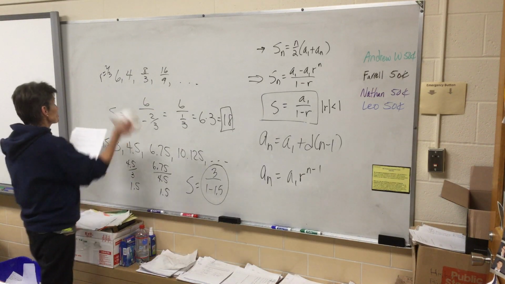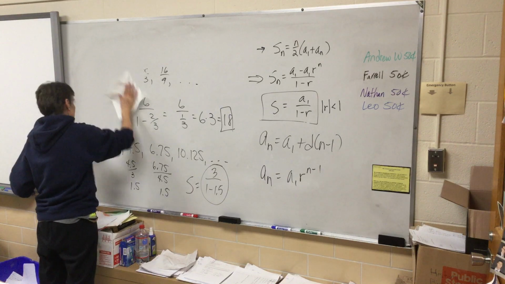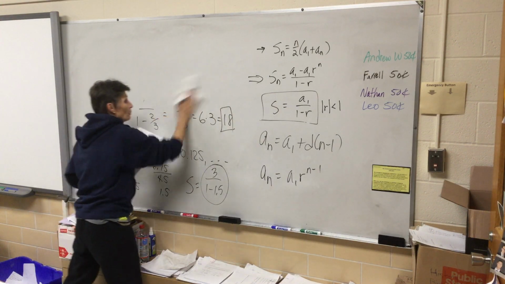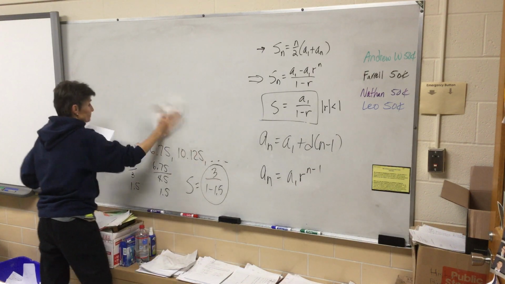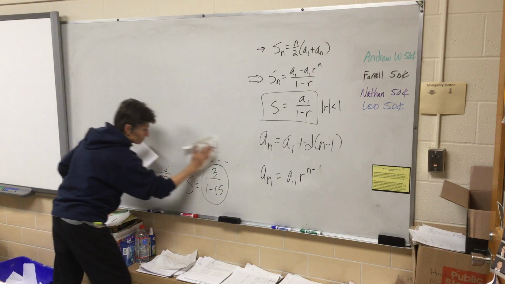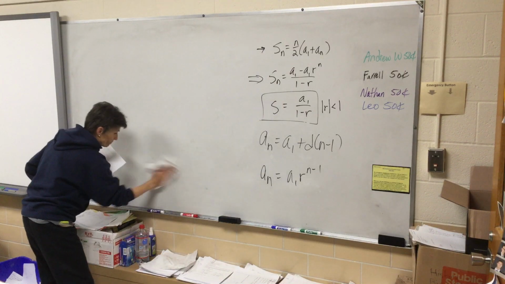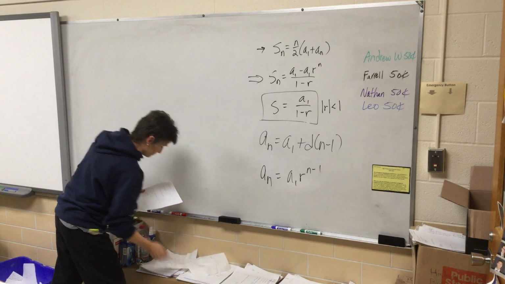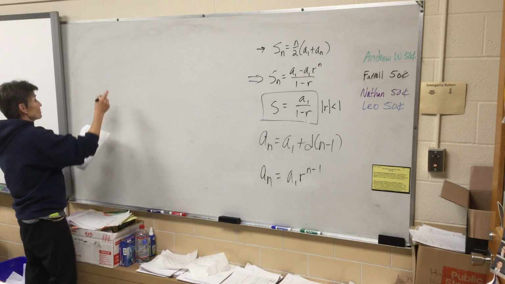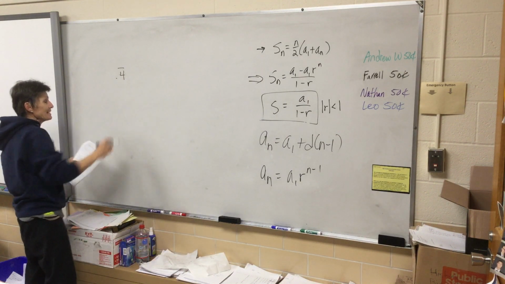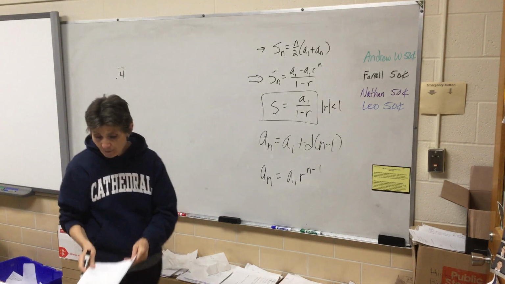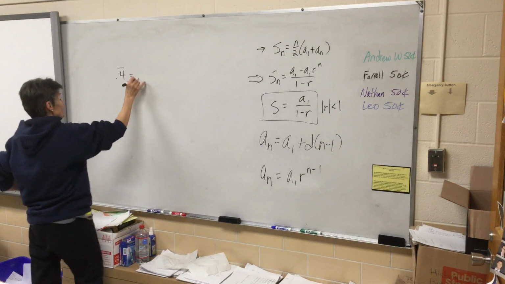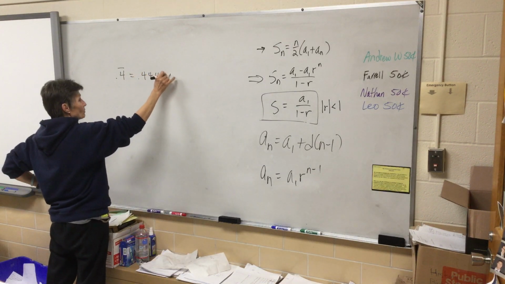All right, so now we're going to use this formula for a specific little purpose. So here we go. We're going to consider this repeating decimal. Now, everybody knows what a repeating decimal is. If we wrote this out, it would be 0.4444444, dot, dot, dot.